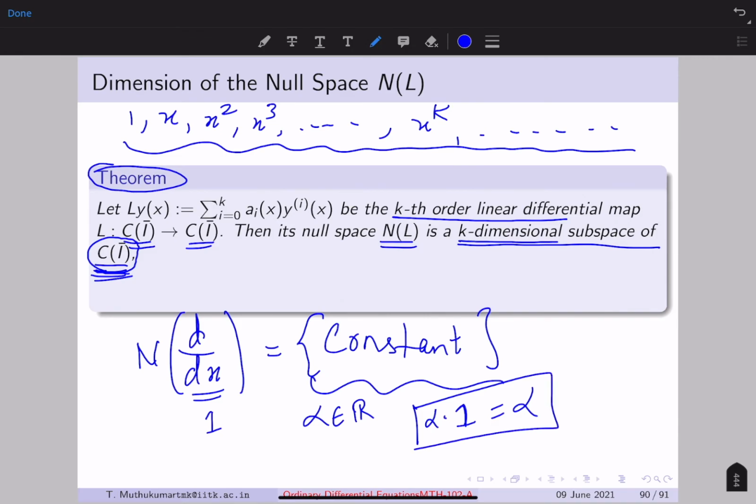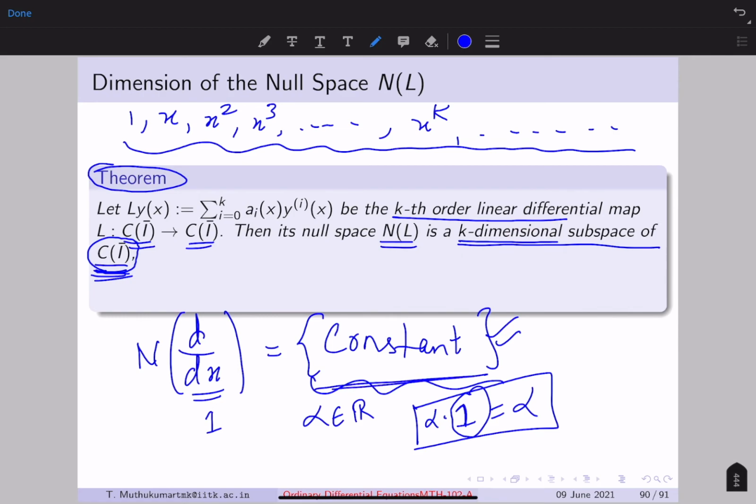So the set of all constant functions can be generated by just one element, which is 1. A first order differential map has a one dimensional null space, the set of all constant functions.